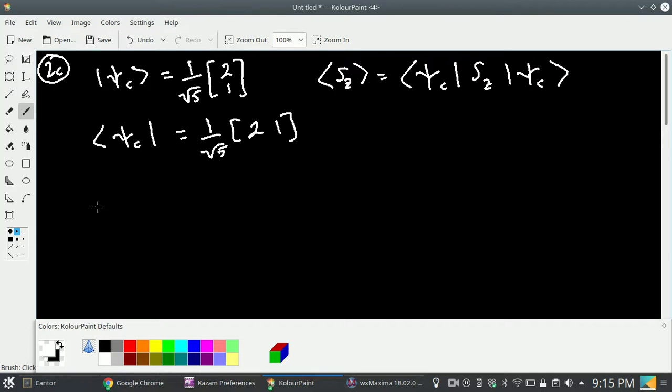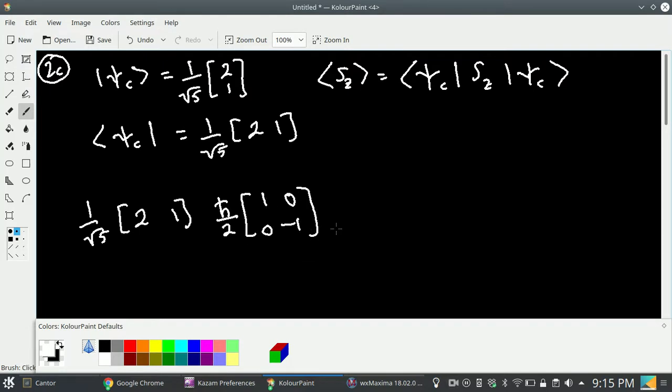Okay, so it goes 1 root 5, 2, 1, and then the operator. I'm going to write the operator now. The operator being h bar over 2, 1, negative 1, 0, 0. Let me check my notes, see if that's right. 1, negative 1, 0, 0. Yeah, okay. So that is the operator.